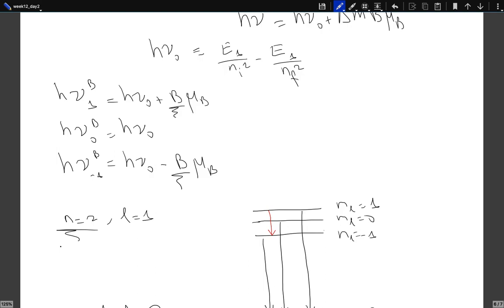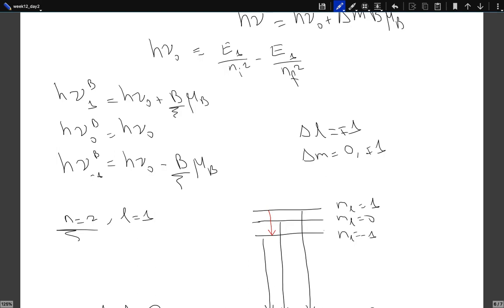Does it violate any selection rule? You see, what are the selection rules? Let me write it properly. Delta L is equal to plus or minus 1. Delta M is equal to 0 or plus or minus 1. What is the delta M in this transition? 2.